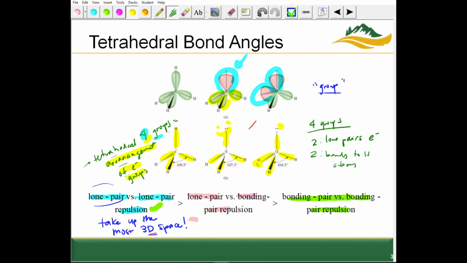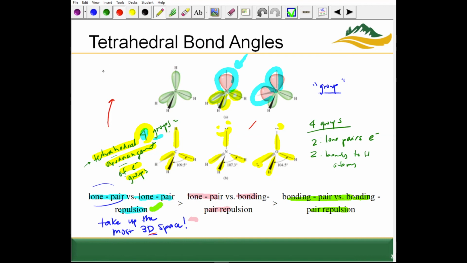So just saying arrangement of electron groups, we have 4 groups off the central atom. We're not differentiating yet a lone pair versus a bond. So 4 groups, that is tetrahedral arrangement of electron groups. It doesn't matter that some of them are lone pairs and some of them are single bonds.